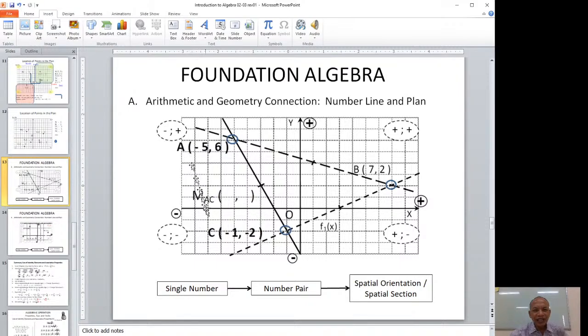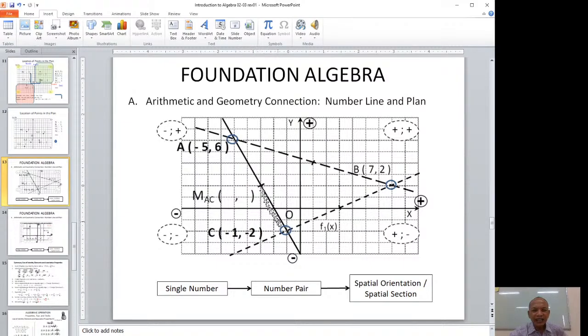M is between A and C. How to find it you will know later, but it's easy.